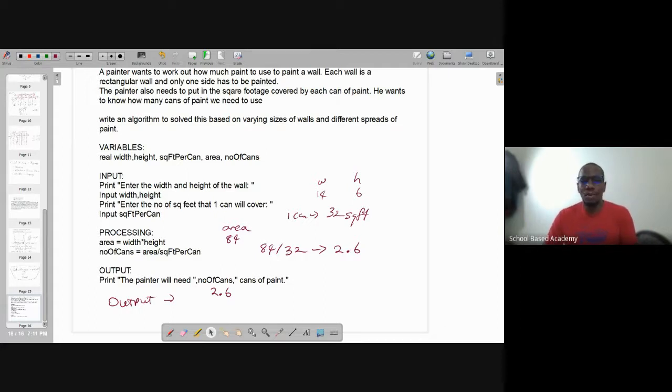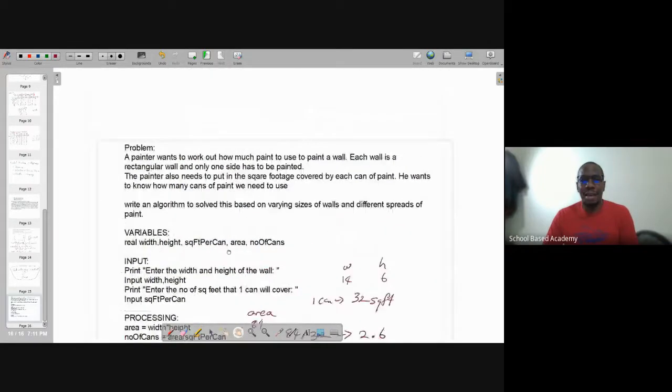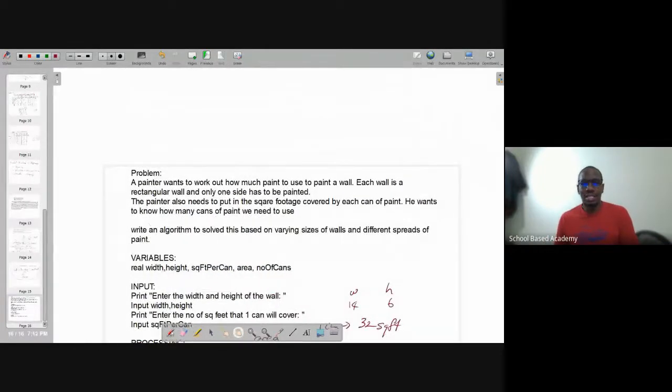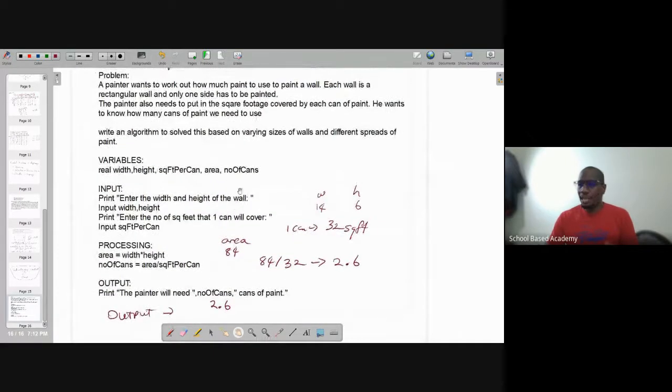This is a program where we approach the problem using sequence alone. But maybe we could add some more smarts to our program, and it will tell us, if we have a floating point value as a result, then we can use decision logic.